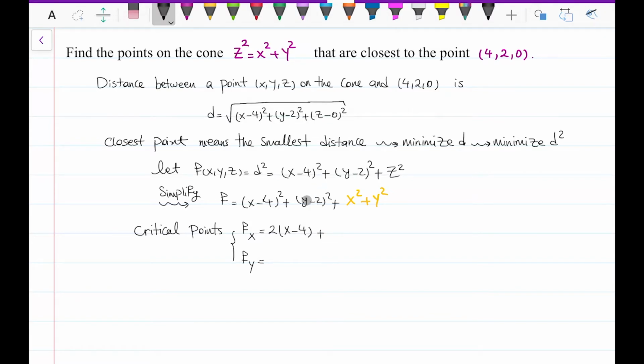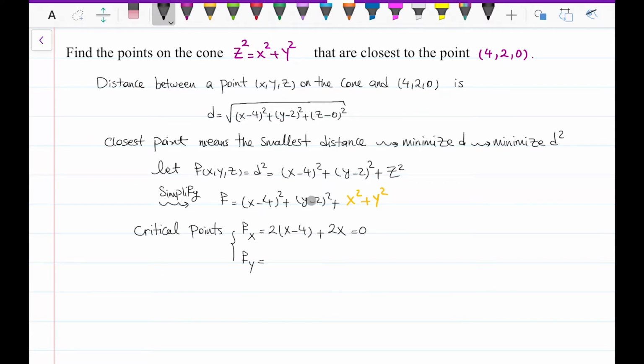The derivative of the y term is 0 because I'm taking the derivative with respect to just x, so y is like a constant. Plus the derivative of x squared, which is 2x. The derivative of y squared is 0. I'm going to set this equal to 0.